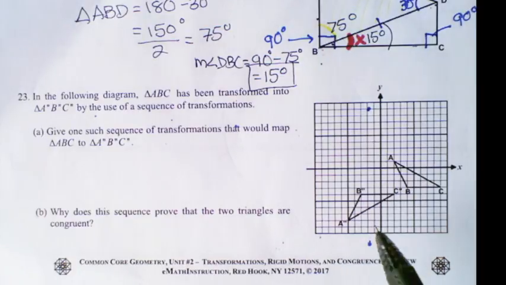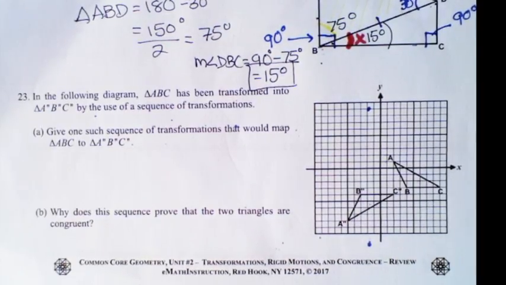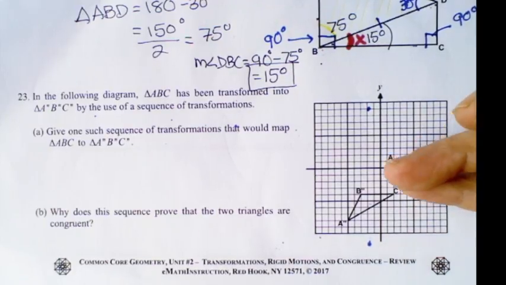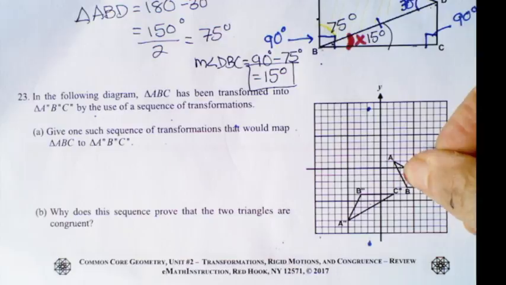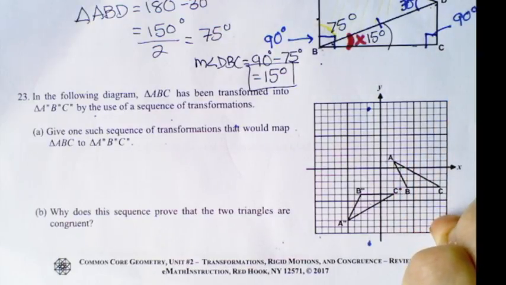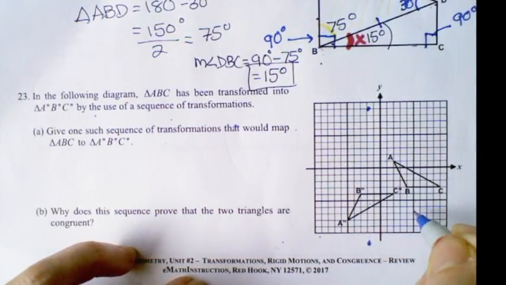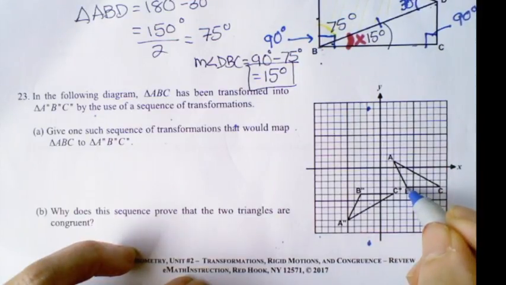Well, first of all, I notice this one seems to be upside down in relation to this. So I'm thinking there is some sort of a reflection that's going to take this triangle and flip it upside down. That's one way of going about it. I'm going to use my marker so you could see what I'm talking about. So if I flip this upside down, right here on the line, B and C will stay there.